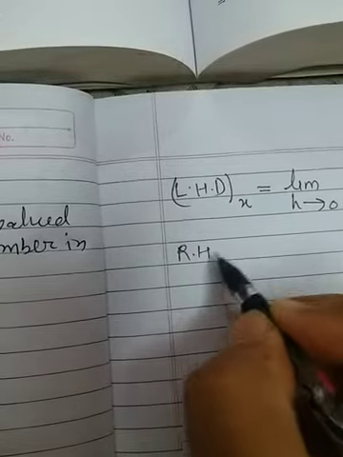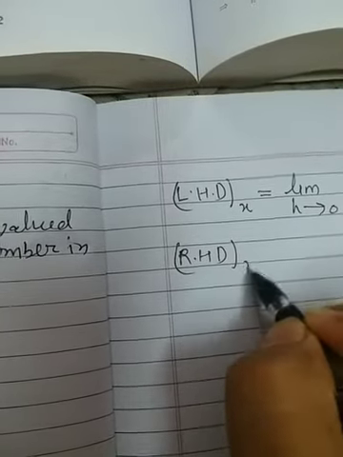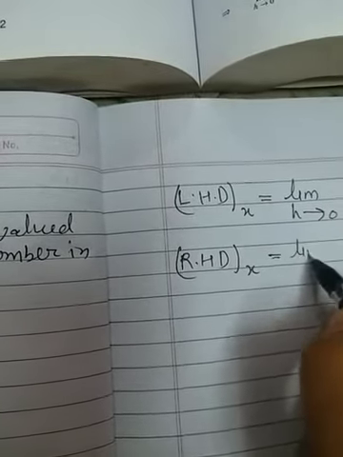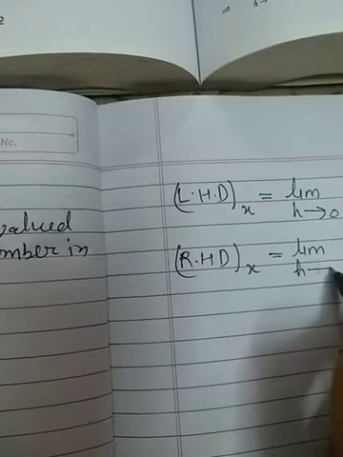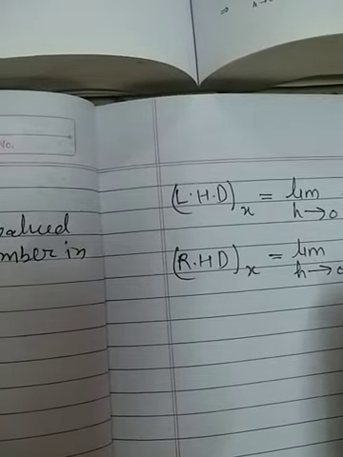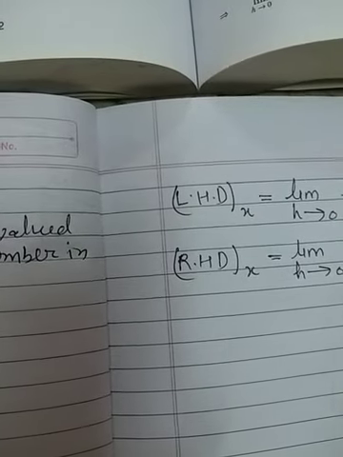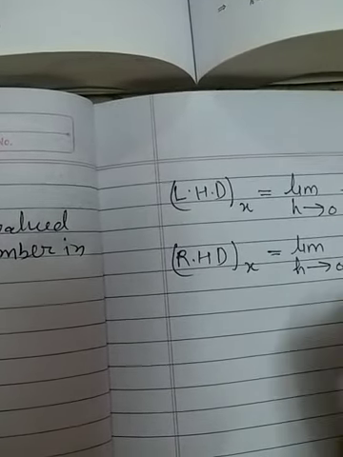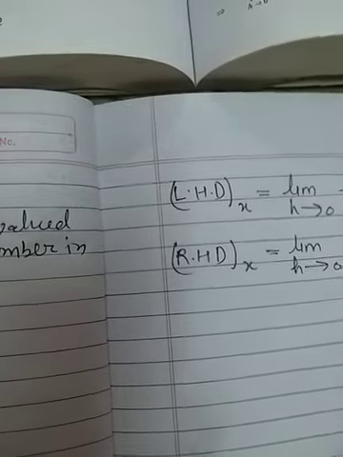Similarly, the right hand derivative we have defined at any point x as limit h tends to 0 of f of x plus h minus f of x upon h.